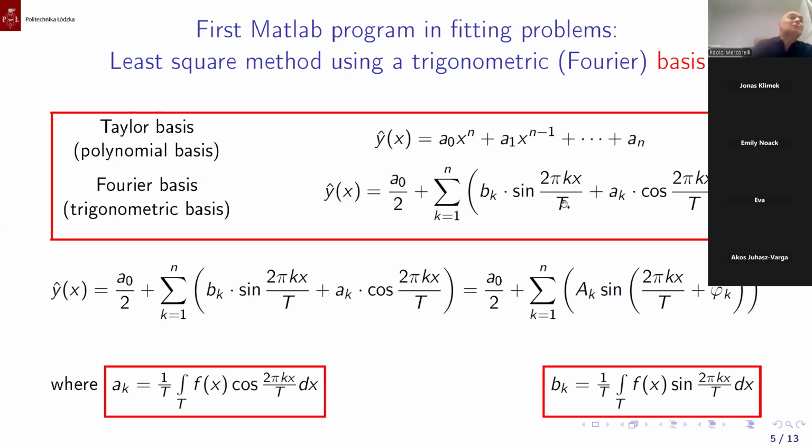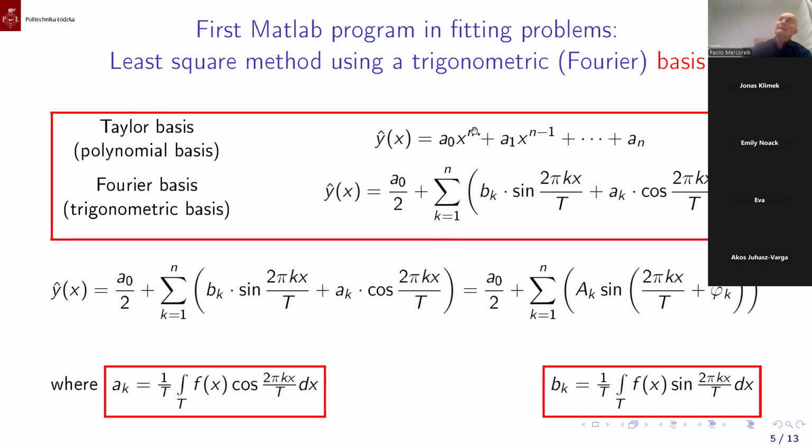T could represent the period, for instance the period in time, but not necessarily in time. It could be everything divided by x. In any case, k states the number or the index which also allows us to state the number of functions which we have, because it's running up to n.